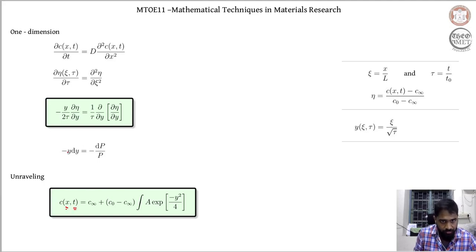So when I solve this and substitute all the terms, replace all the non-dimensional terms with the actual terms, and all etas with c, then I will be able to have an expression like this, using which I'll be able to find what my concentration is going to be with respect to time and with respect to a given position. And of course I also have to replace my y with respect to this and then change it back to the dimensional variables. When I do all this, then I'll be able to say what my concentration is going to be with respect to my position and with respect to my time.